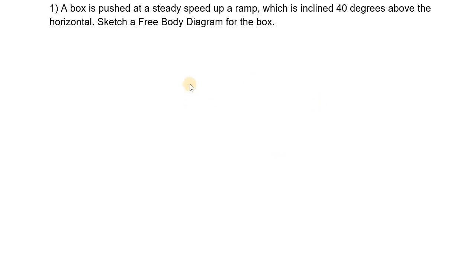Okay, so for this first problem, all we're going to do is sketch a free body diagram for the box. It says a box is being pushed steadily up a ramp, which is inclined at 40 degrees above the horizontal. So we're just going to draw a free body diagram here. We know that the ramp is inclined at 40 degrees.